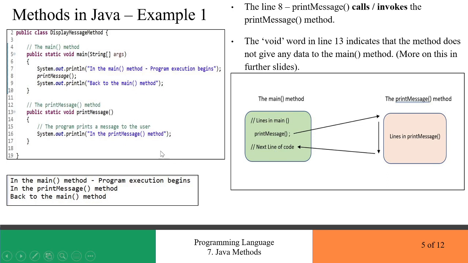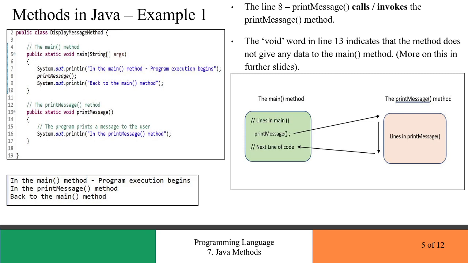If you observe, as a part of line number 13, we have written a keyword void. The void here indicates that the printMessage method does not give back any data to the main method. We will discuss more in detail on this as a part of further slides.